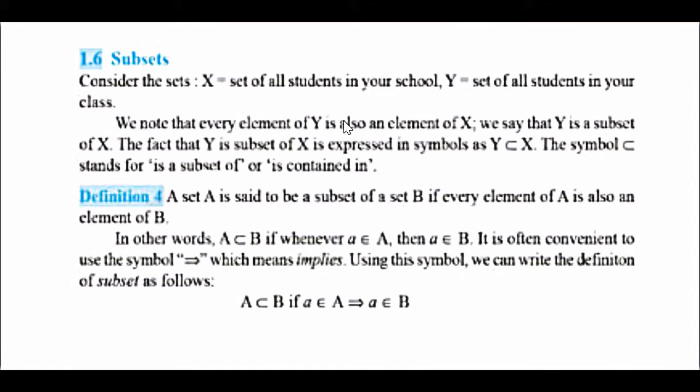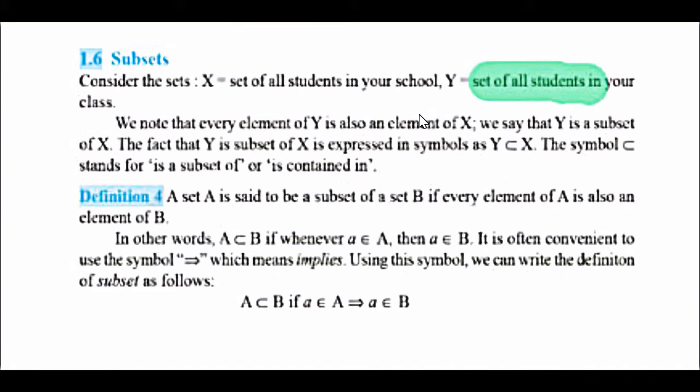Next, subset. Imagine that X is the set of all students in your class, Y is the set of all students in your 11th class, and say you have one more set, B, which is the set of boys, and G, the set of girls.